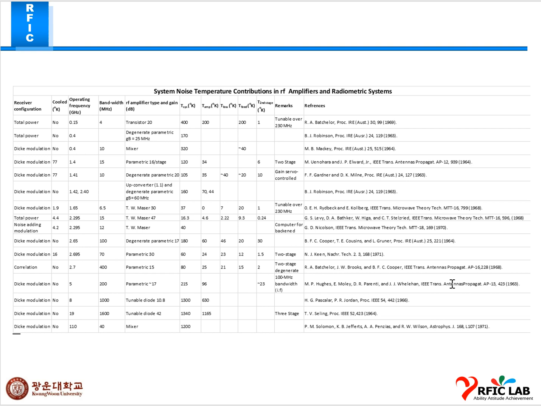In this, as you can see, the second row is total power. It has no cooling, frequency is about 0.15, bandwidth is 4, the transistor used has gain 20, temperature of system was 400, temperature of amplifier was 200, and temperature of feed is 200.